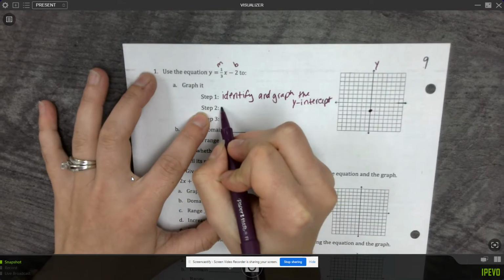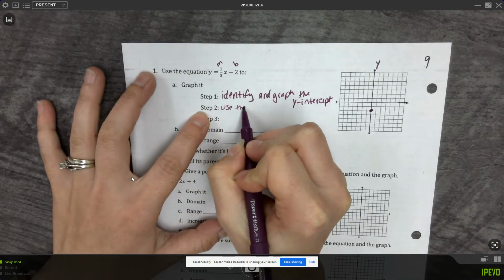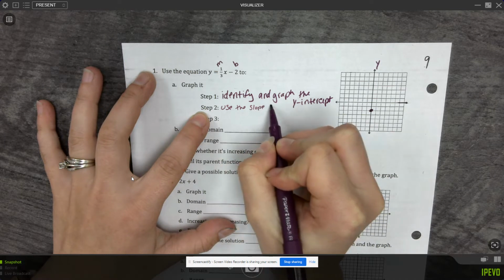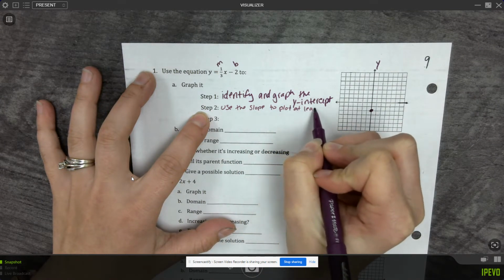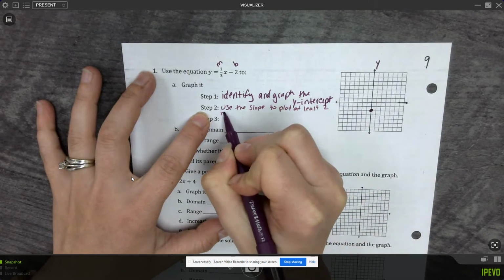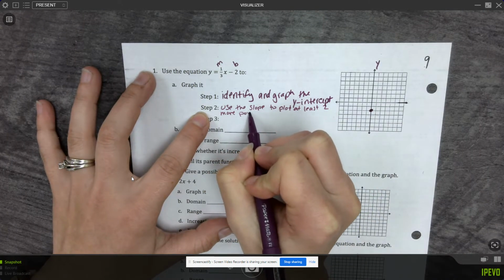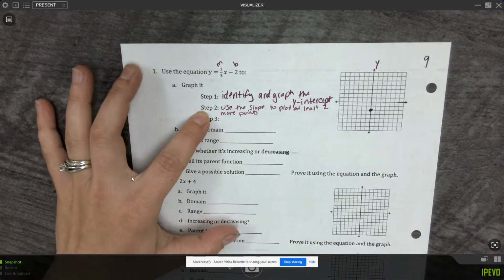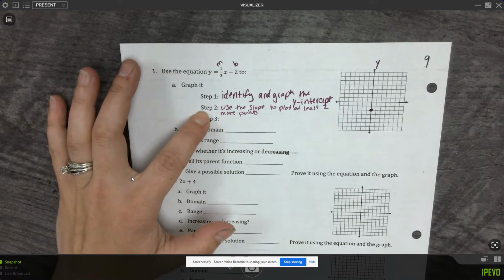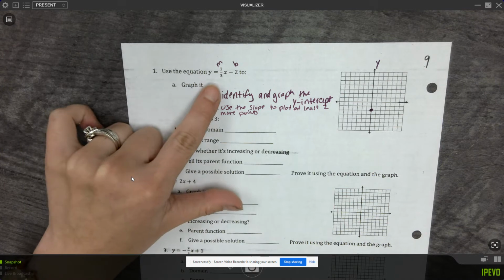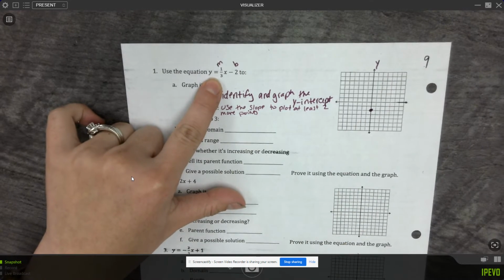Step 2, use the slope to plot at least 2 more points. So our slope, m, is 1/3.